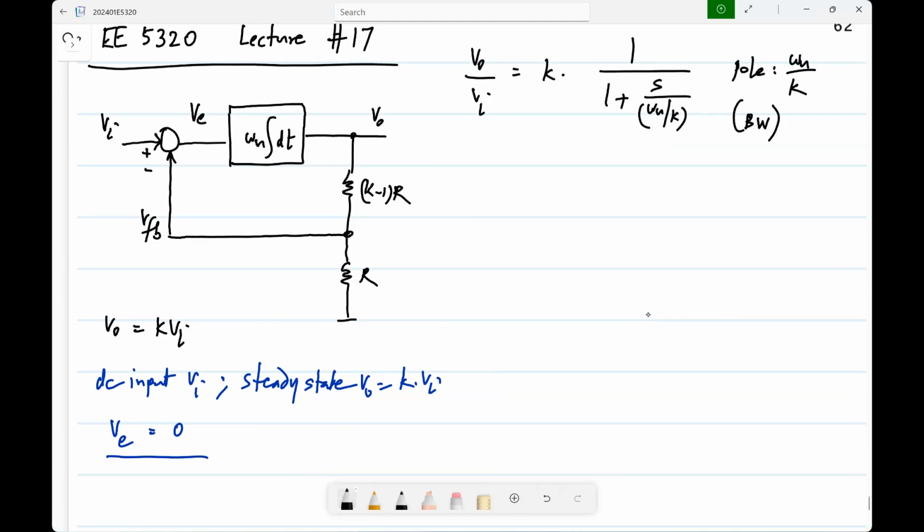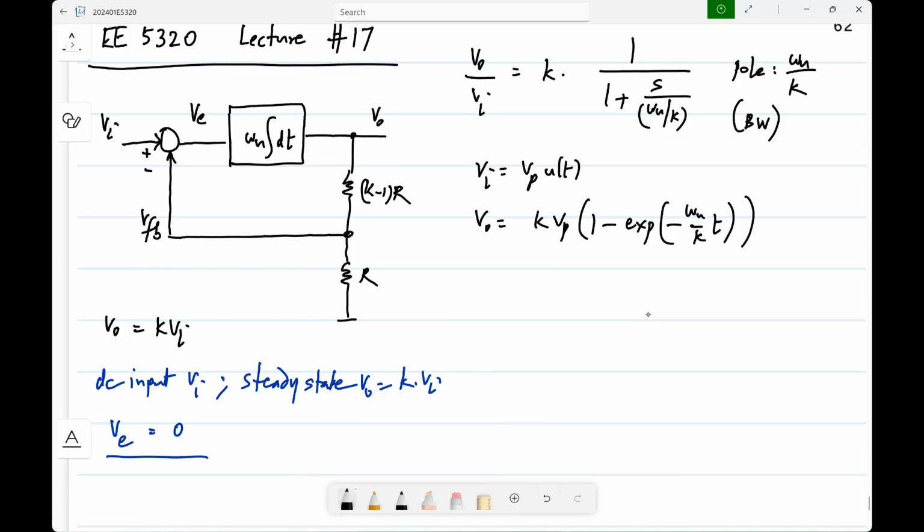And then for a DC step input, assuming you start from a 0 initial condition. Okay, obviously this is anyway a property of the first order system. So this is the reciprocal of the time constant.